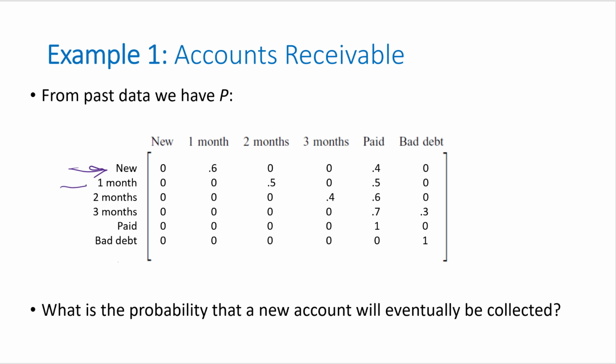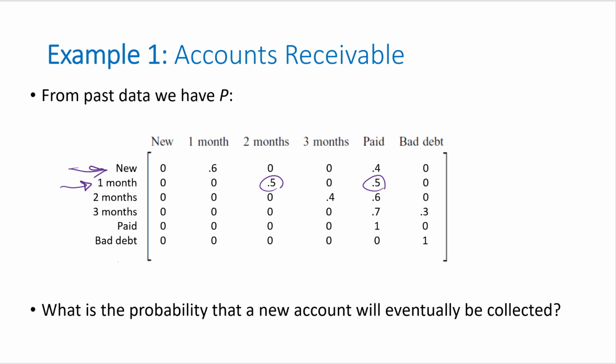However, if right now an account is 1 month overdue, based on past data, 50% of them pay off their debt, and 50% of them don't and become 2 months overdue next month. And that's the rationale behind these probabilities and how we obtain them.